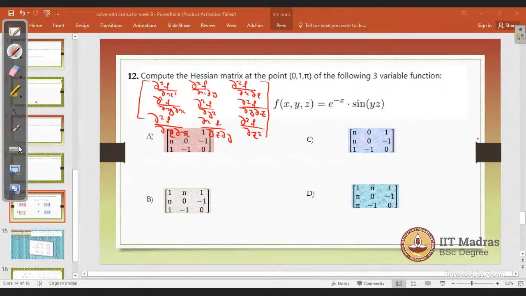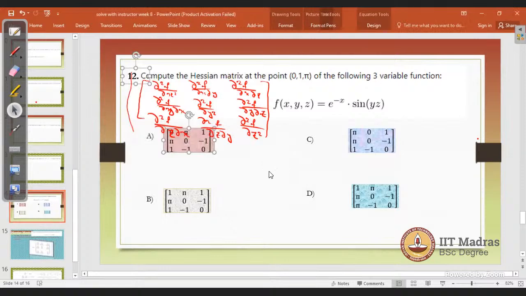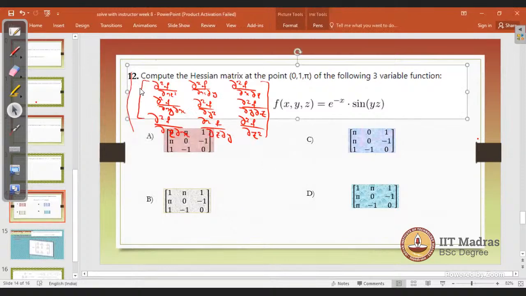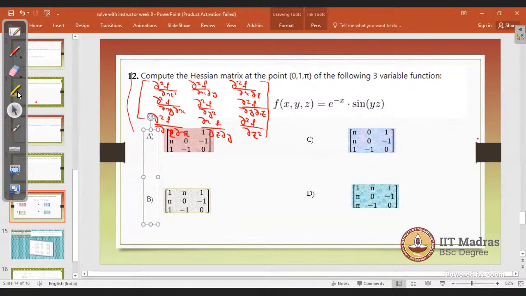So I think I should take this one and subtract. Is there any option to just select this thing? I would like to solve this in the free space.